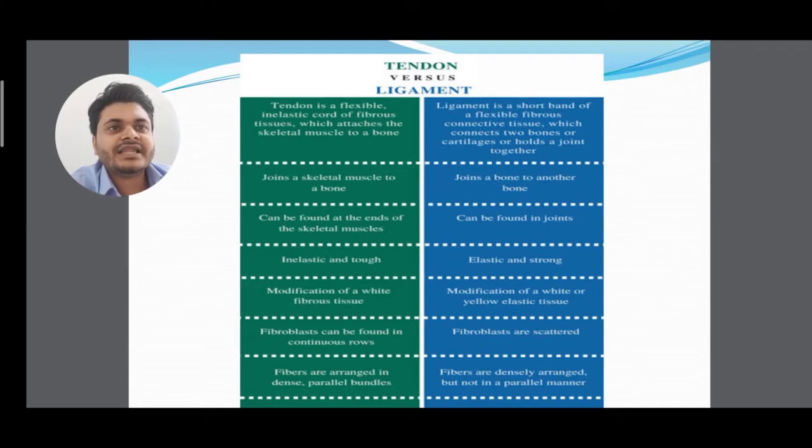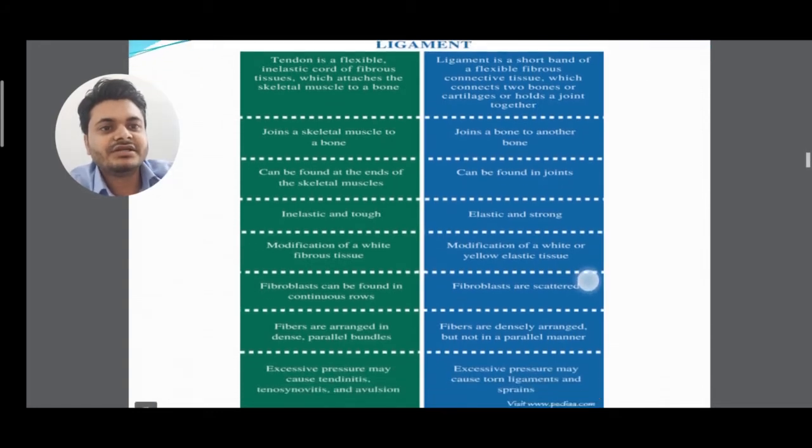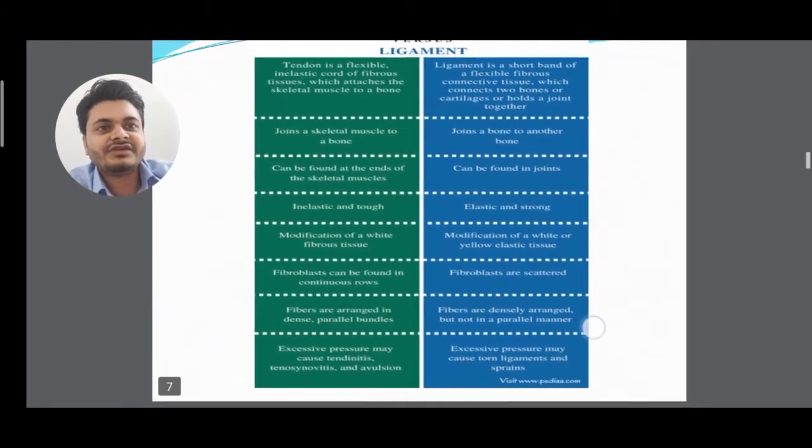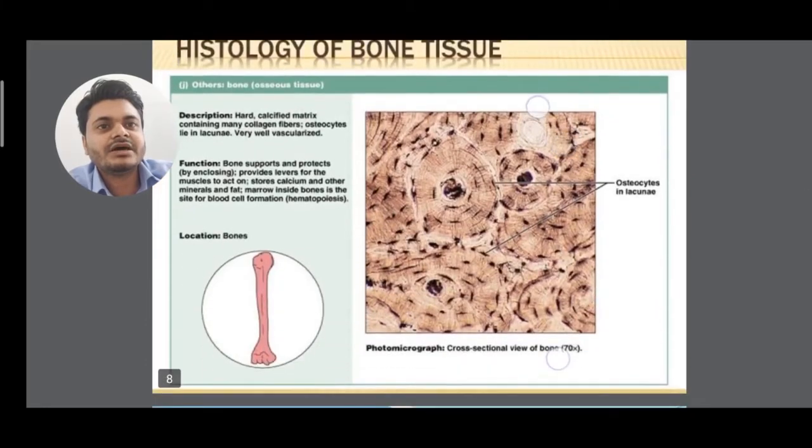Clear? Tendons are inelastic and tough, and ligaments are elastic and strong. Fibers are arranged in dense parallel bundles in tendons, and fibers are densely arranged but not in parallel bundles in ligaments. You'll write this chart in your copy. Very nice chart I have given.